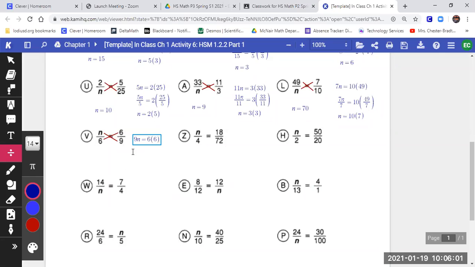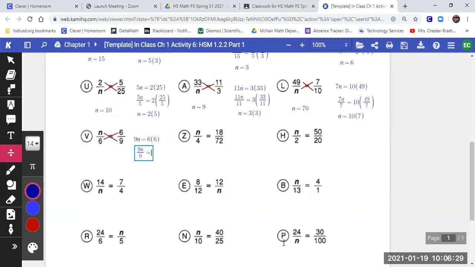Okay. Next row down. What's it going to say? That 9n is divided by 9, and it has to equal.